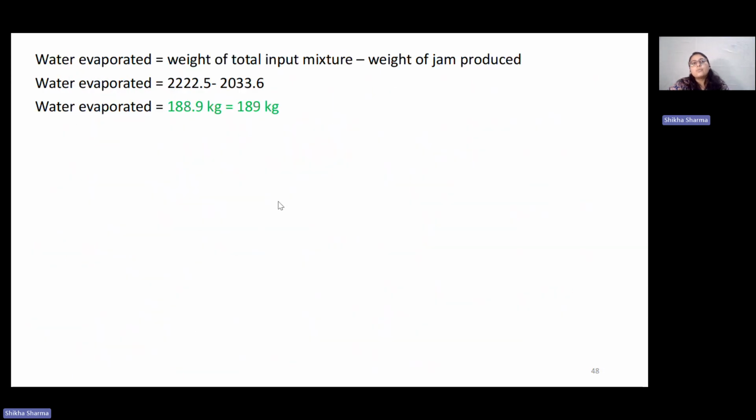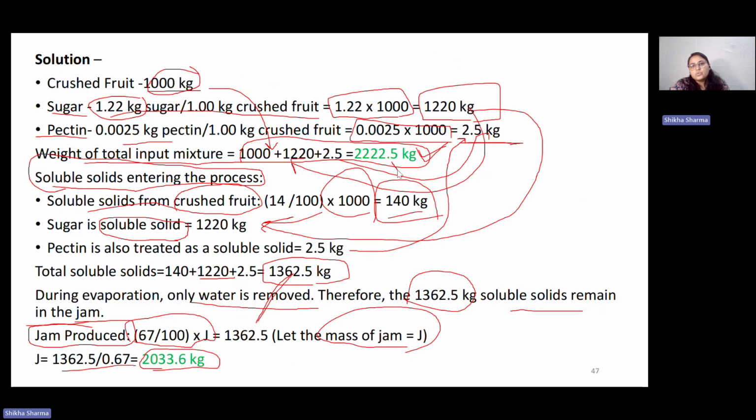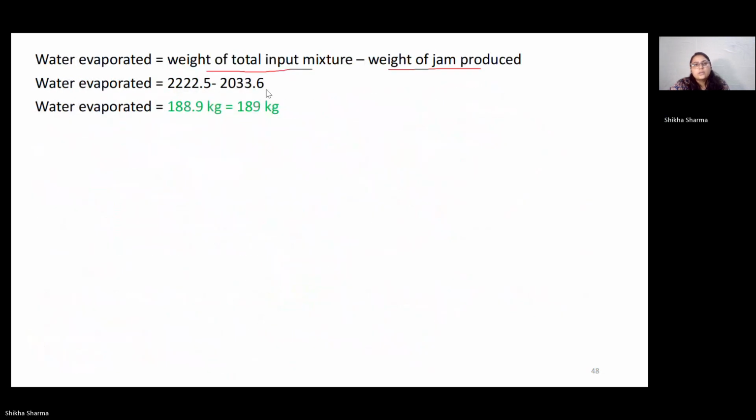Now, what is the amount of water evaporated? It is the weight of the total input mixture minus the weight of the jam produced. So it is 2222.5 minus 2033.6. Their subtraction will give the water evaporated, which is 188.9 or 189 kg of water evaporated. I hope this question is clear to everyone.